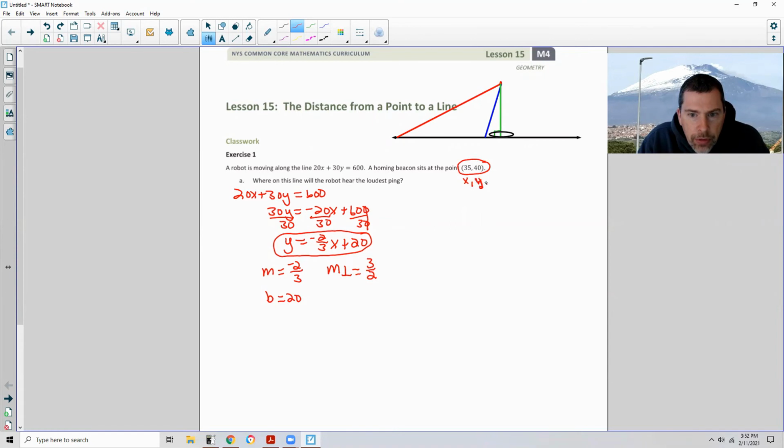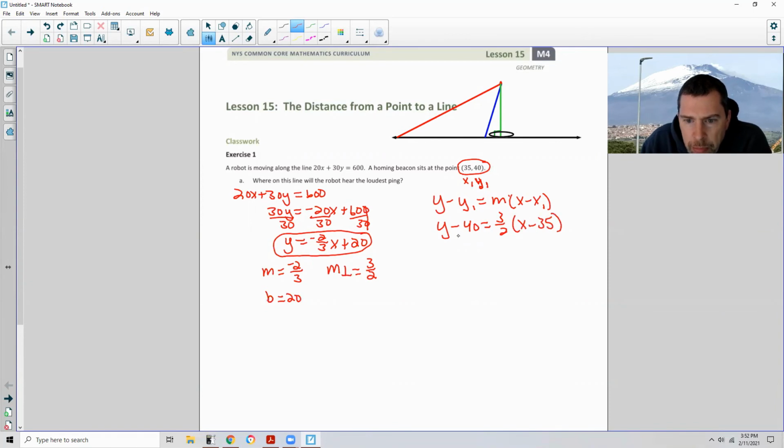My computer's running out of memory or something. Okay, so the point-slope formula says y minus y1 equals m times the quantity x minus x sub 1. Substituting in, I get y minus 40 equals the slope of my perpendicular, 3/2, times x minus x sub 1, which is 35.